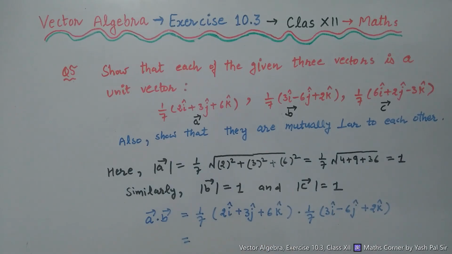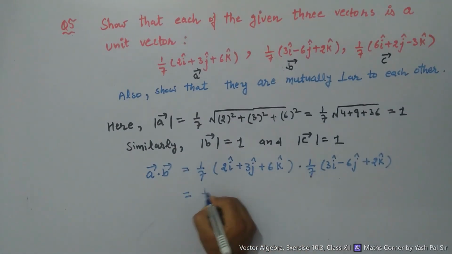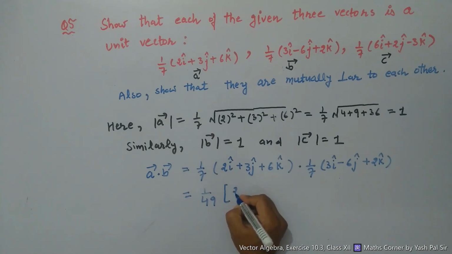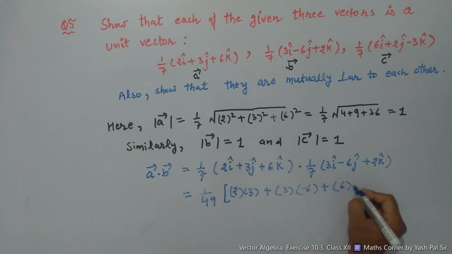So this is equal to 1 upon 7 into 1 upon 7 is 1 upon 49 into coefficient of i is 2, coefficient of i is 3, plus coefficient of j is 3, coefficient of j is minus 6, plus coefficient of k is 6, coefficient of k is 2.